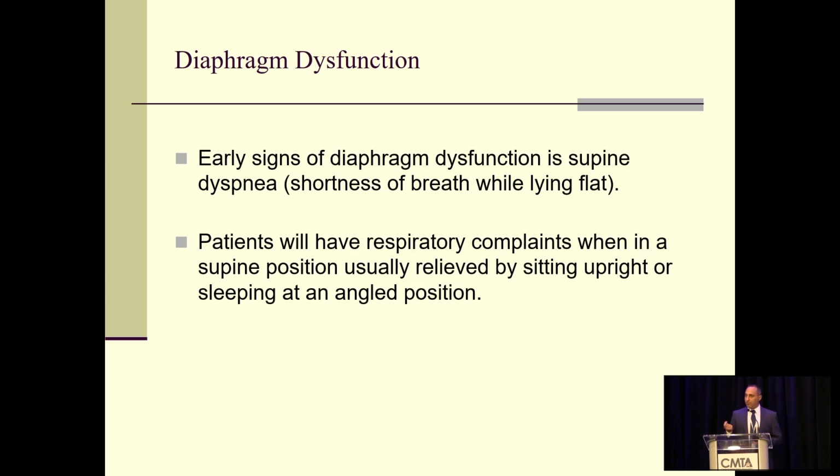Well, a lot of times you're more comfortable that way because the higher up you're sitting, gravity will pull your diaphragm down. So if your phrenic nerves are weak and your diaphragm is weak and you lay flat, you're not going to be able to breathe as well. So sitting in a more upright position, gravity will pull your diaphragm down, and you can take bigger, deeper breaths, and you feel more comfortable.